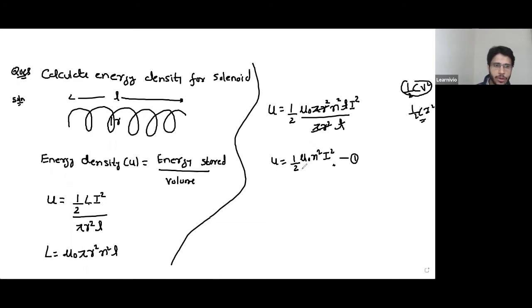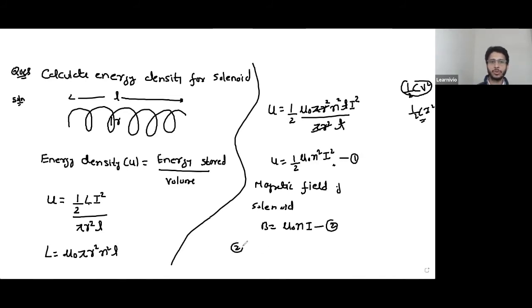Next, you're supposed to convert this expression in terms of magnetic field. Magnetic field of solenoid. We have used this expression many times yesterday. The magnetic field of solenoid is mu naught n I. That's equation number 2. So I can substitute 2 in 1.